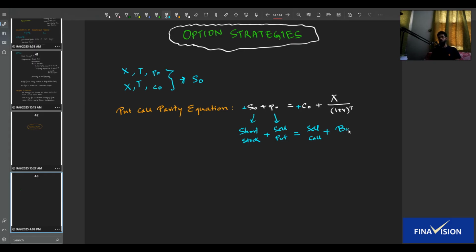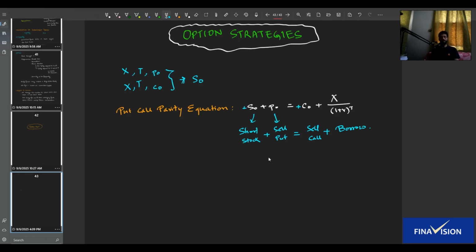We interpret this as borrowing. Now friends, this equation can be used to create synthetic short positions in the underlying, to create long positions in the underlying synthetically, to create synthetic puts, synthetic calls, and also positions synthetically.